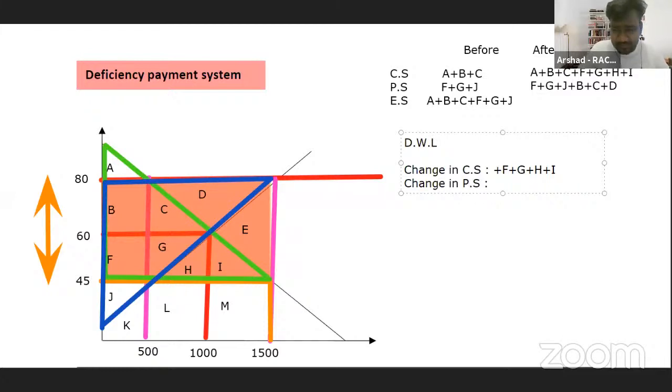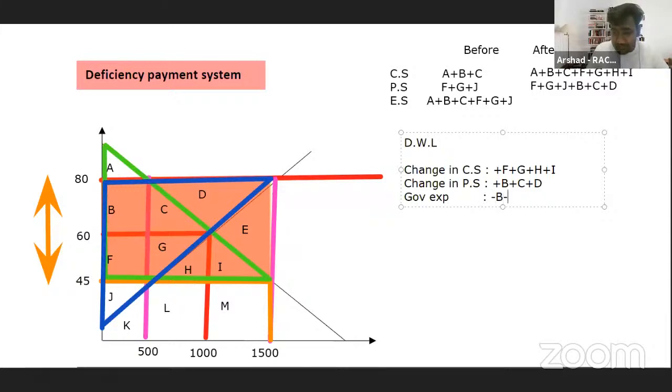It's easy. Guys, what is happening to producer surplus? Earlier he has F, G, and J. Now it's a plus B, a plus C, and a plus D. There's a government expenditure also. Government is also spending something. They are not just getting this. How much is the government expenditure? They're losing, right?